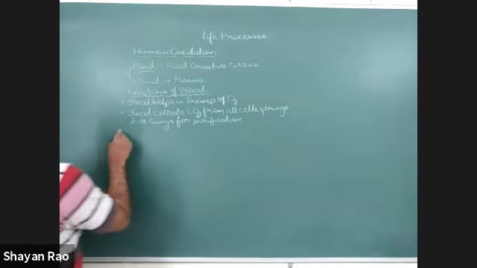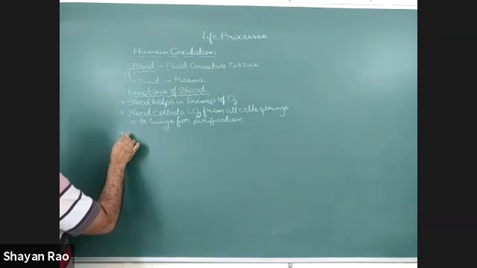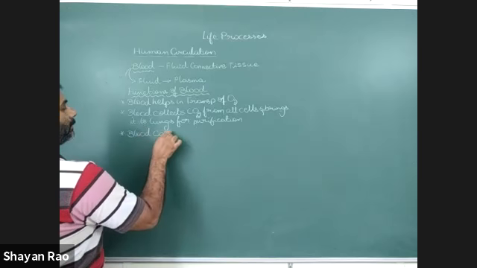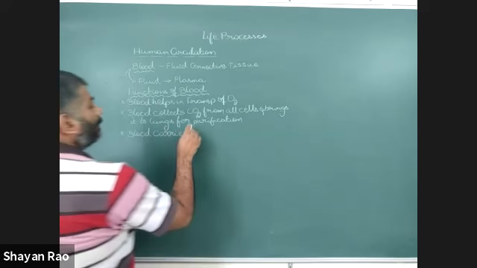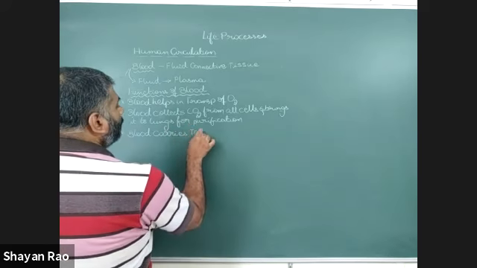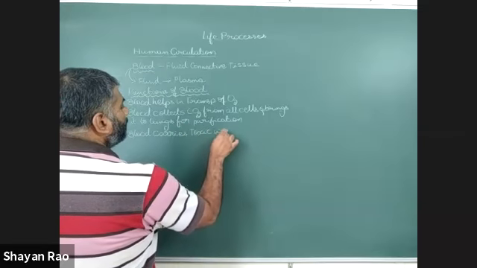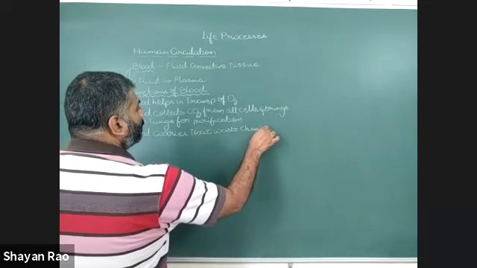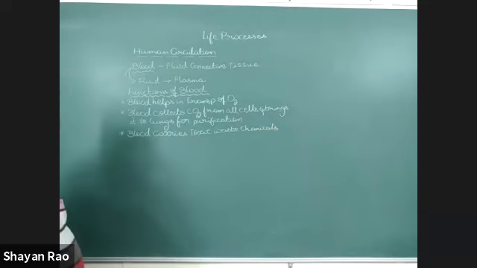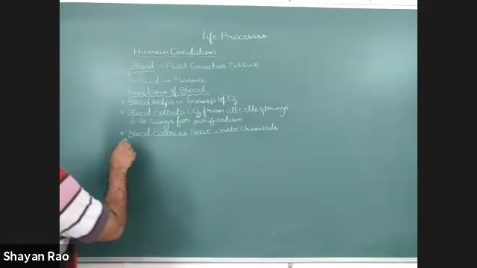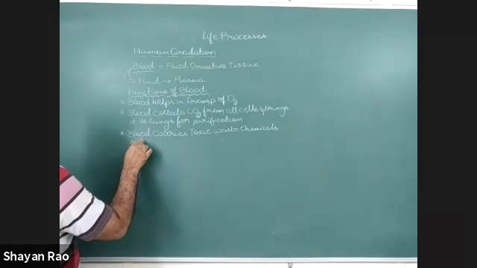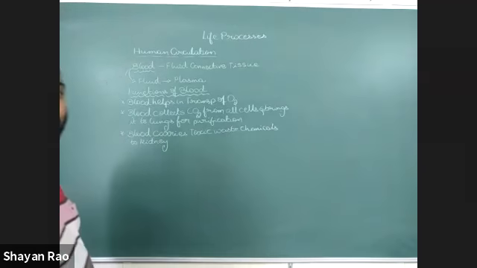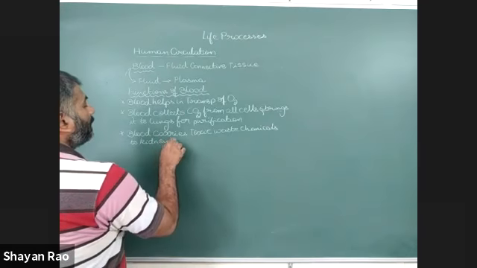Then the third important function of blood is that blood carries toxic waste chemicals to the kidney for filtration.